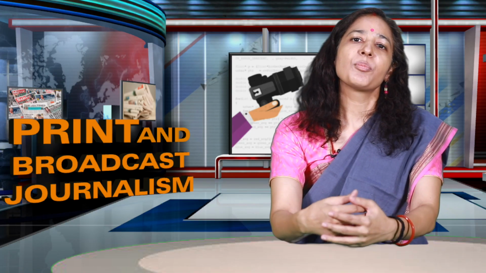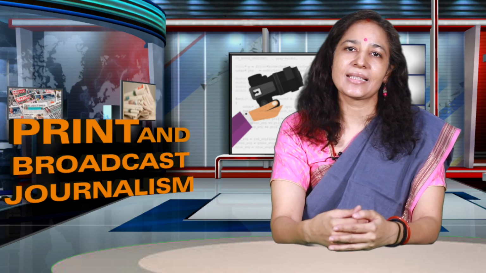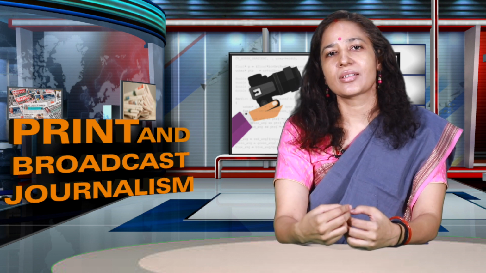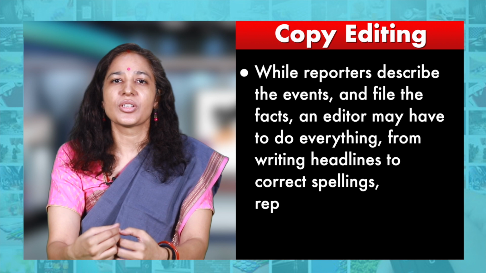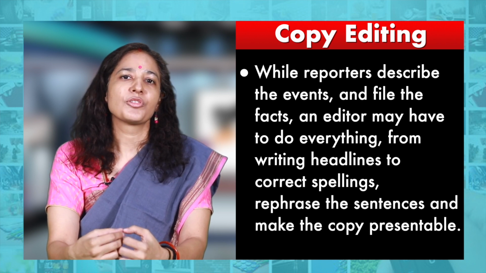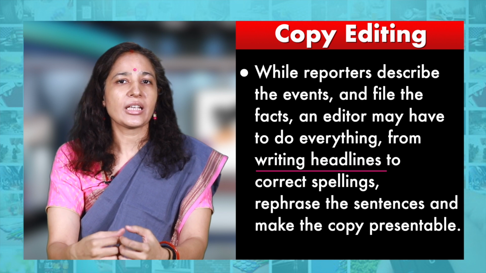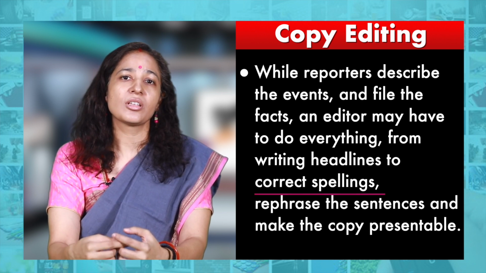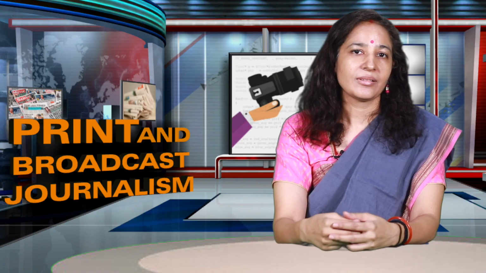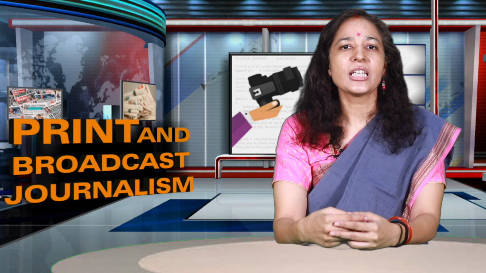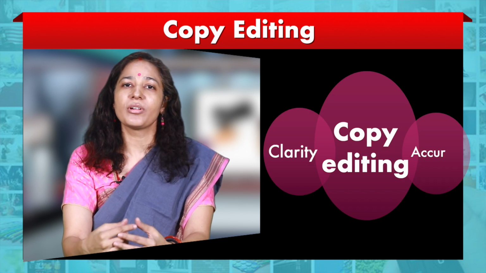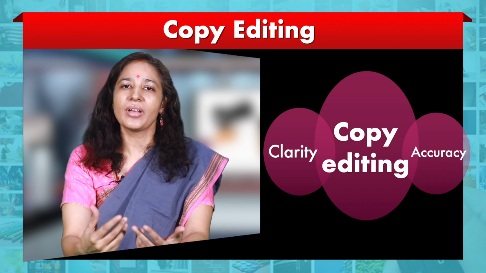We can say that the process of copy editing is an invisible link between the reporter and the readers. While reporters describe the events and file the facts, an editor may have to do everything from writing headlines to correcting spellings, rephrasing the sentences, and making the copy presentable. Thus, copy editing provides the content with the needed clarity and accuracy to make the news readable.